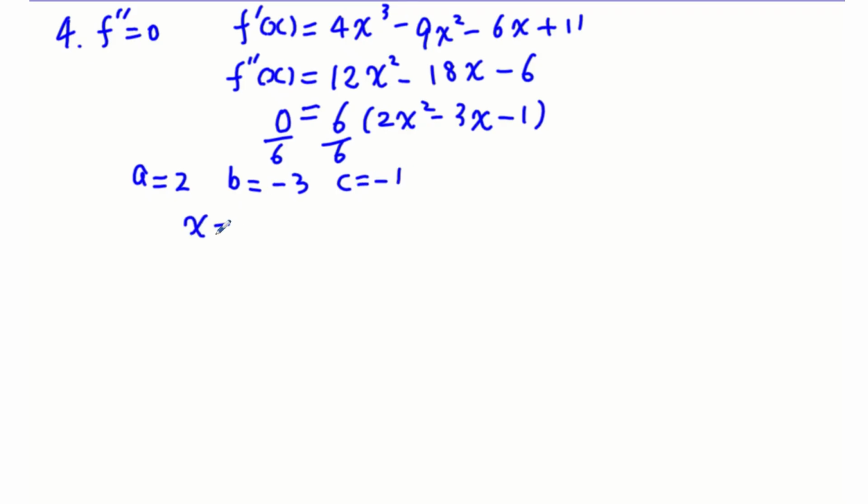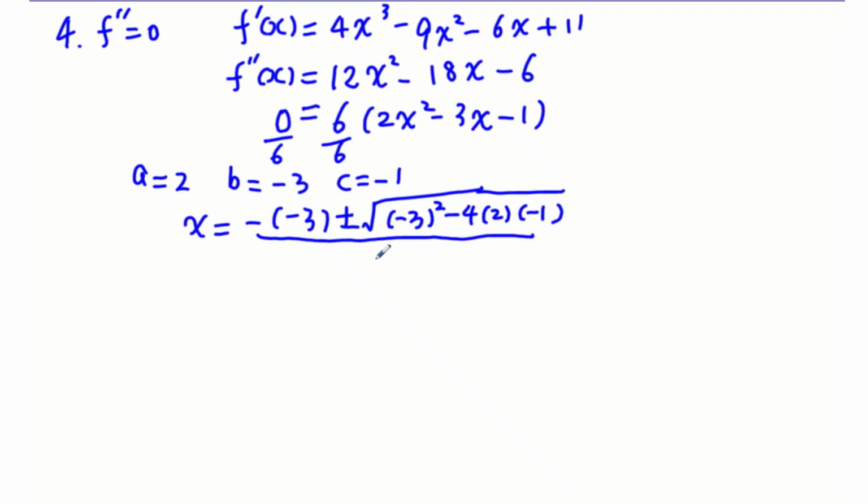We have x equals negative b plus minus square root of b squared minus 4ac all over 2 times a. Then get your calculator out.